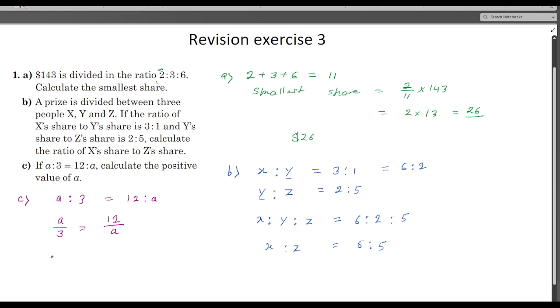So this gives me A square will be equal to 12 times 3, which is 36. So your A square is 36, and therefore the value of A is plus or minus 6, but here the question mentions positive value of A, so your A will be 6.